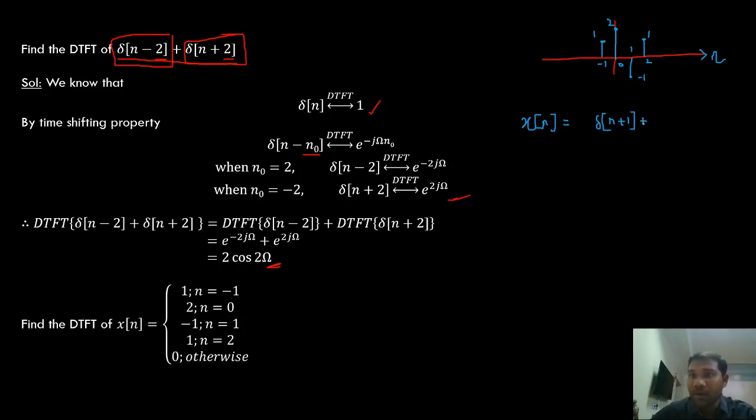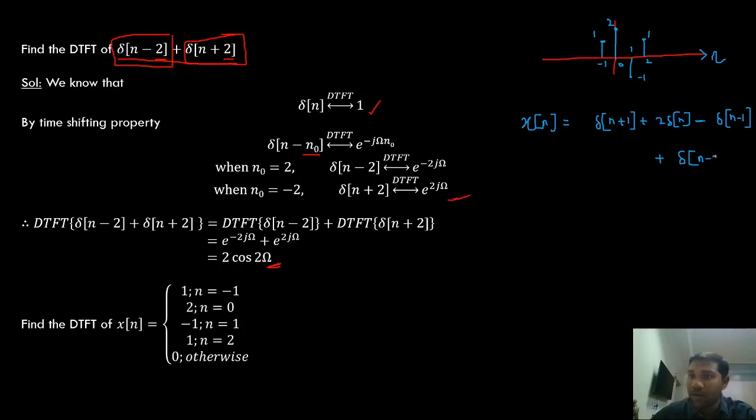Plus I have an impulse at n equals 0, so 2 delta of n. Then I have an impulse at n equal to 1, so delta of n minus 1, and its strength is negative 1, so minus. And at last I have one more impulse with strength 1.